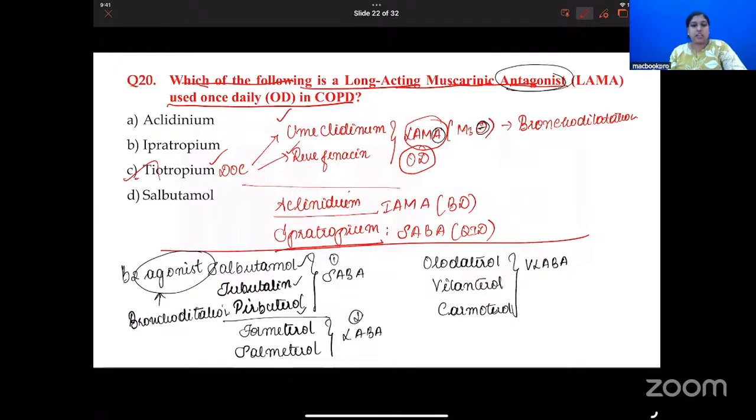But here there is a restriction. Only SABA and LABA, short-acting and long-acting beta 2 agonists, are used in both bronchial asthma and COPD. On the other hand, very long-acting beta 2 agonists are only used in COPD. COPD is a chronic condition which needs chronic management, so that's why very long-acting beta 2 agonists are used in COPD only.